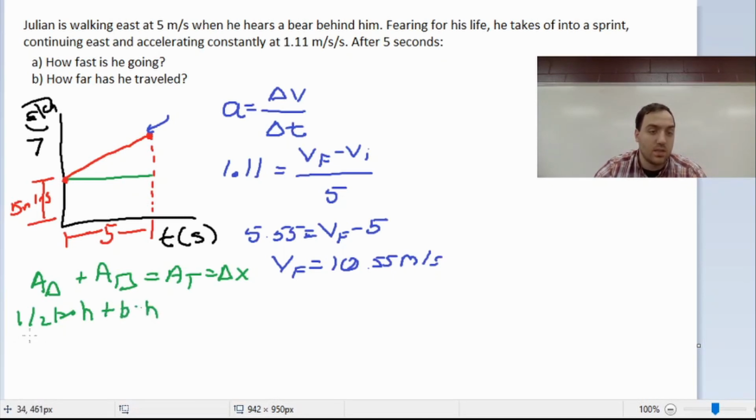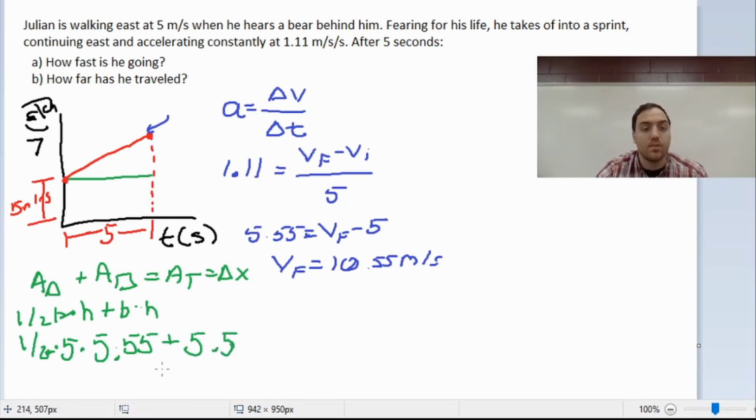So in this case, the base of my triangle is 5 seconds wide. My height here is this one right here, which is the 10.55 minus this 5 off the base, or the 5.55 I had originally for my delta V. And then my rectangle is 5 times 5, which would be 25, but just for sake of completion, write out the steps.